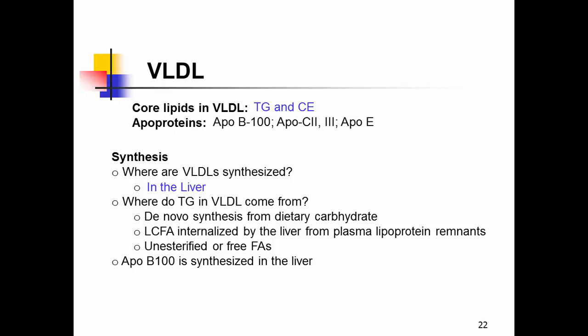And secondly, long-chain fatty acids internalized by the liver from the plasma lipoprotein remnants. For example, we just talked about chylomicron, right? In the fed condition, chylomicron remnants can also be taken up by the liver. So the liver also takes up some triglyceride from the chylomicron. The chylomicron triglycerides are supposed to go to the adipose tissue, but you have some kind of leakage, right?